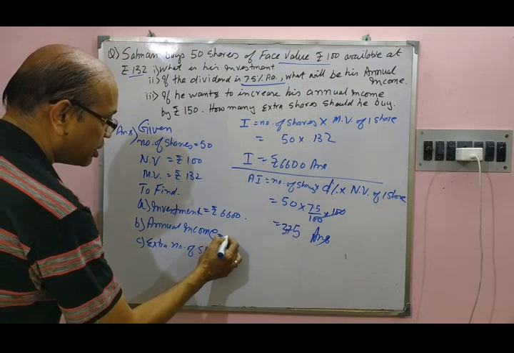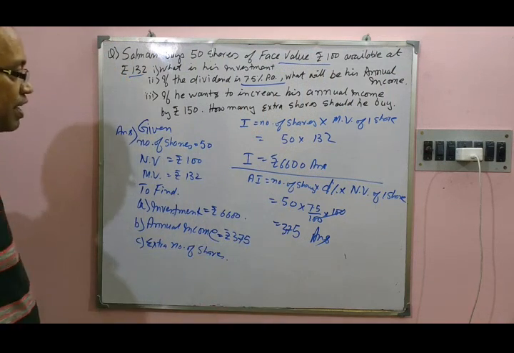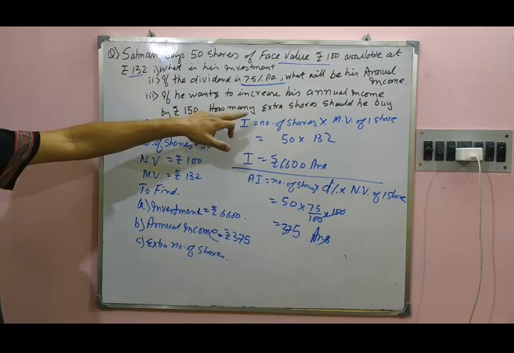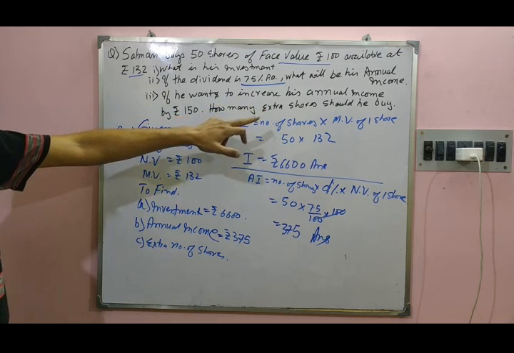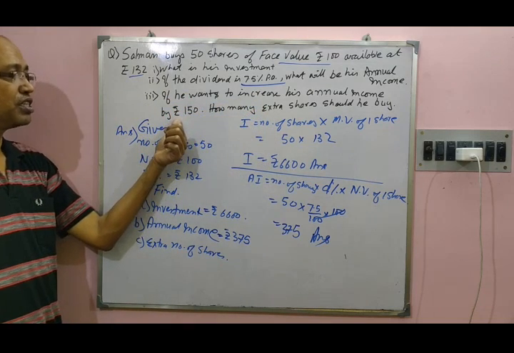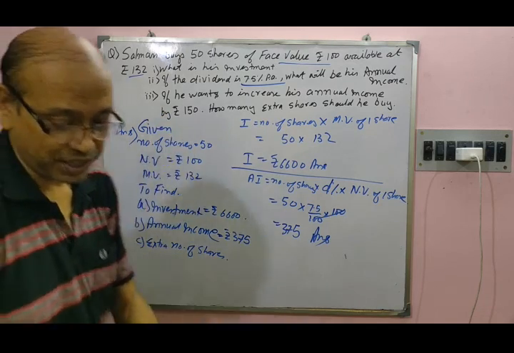Second answer, annual income rupees 375. Third part, how many extra shares should he buy if he wants to increase his income by 150? Increase by 150.